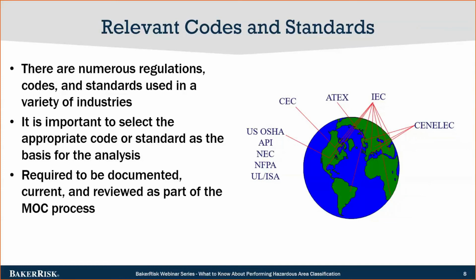We have UL and ISA. In Canada, we have the Canadian Electrical Code. ATEX is what's generally being applied, similar to OSHA in Europe. Then we have IEC and CENELEC standards, which are standards and codes and guidelines that are utilized not only in Europe, but in other areas of the world.